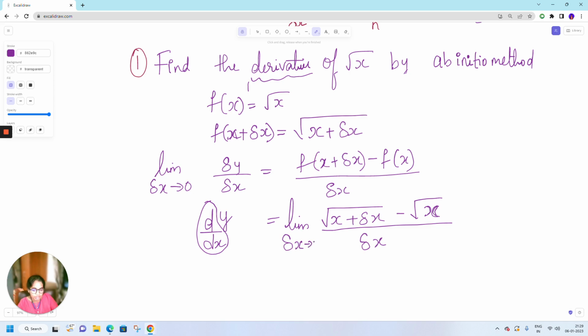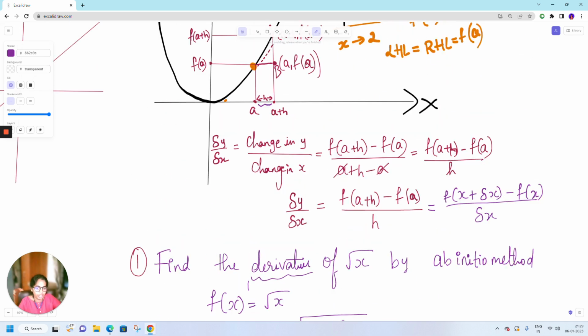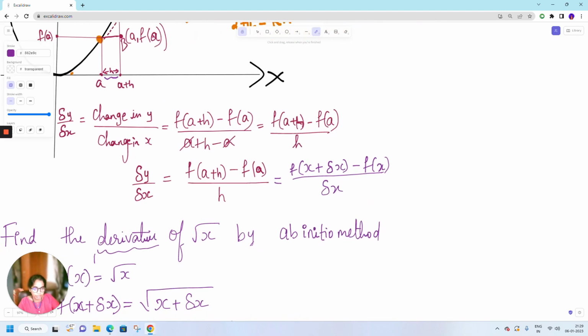Yes, so even in the formula, to convert del y by del x to dy by dx, I would have to apply the limit on both the sides. That is, del x tending to 0. Del y by del x is equal to dy by dx.